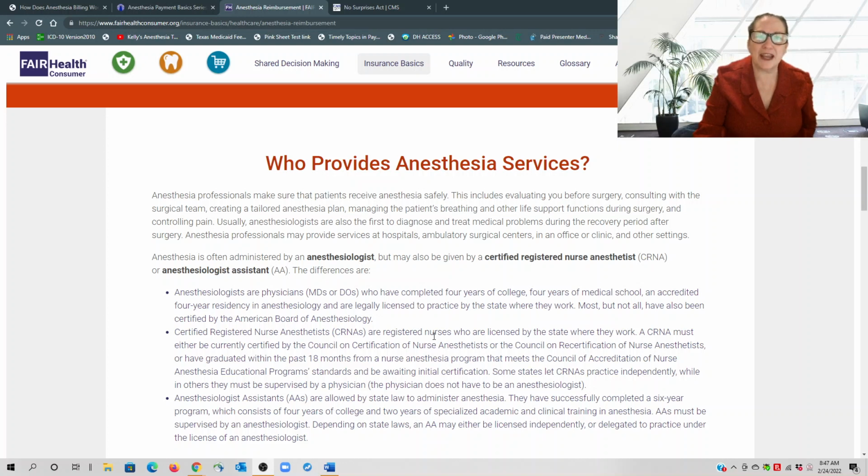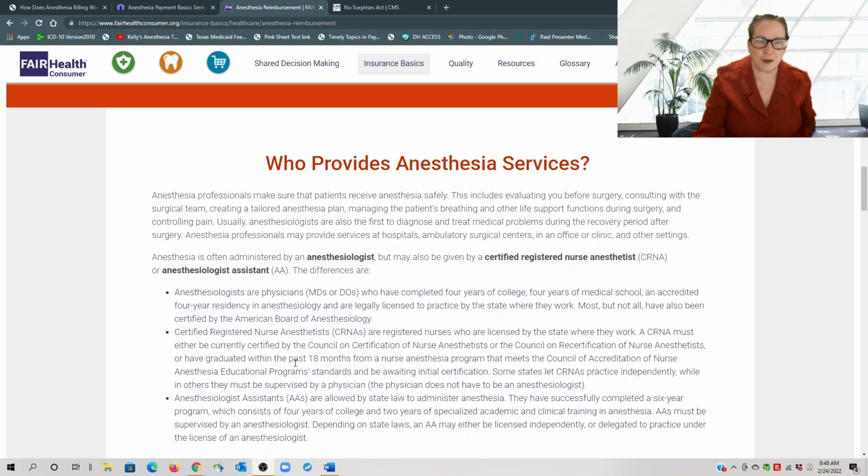If you have a care team, meaning that your anesthesiologist is working in conjunction with either a CRNA or an anesthesiologist assistant, an AA, then you will have two names on your anesthesia bill.